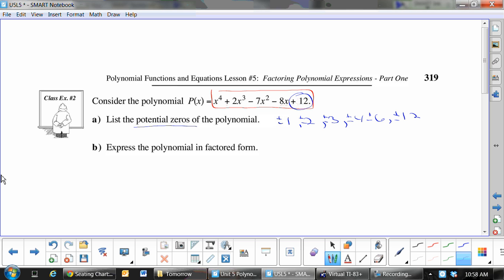Okay, now it says, express the polynomial in factored form. So, the first thing you have to realize is this is x to the 4. So I'm going to have 4 factors. Okay? Make sure you're understanding that this would have 4 factors.